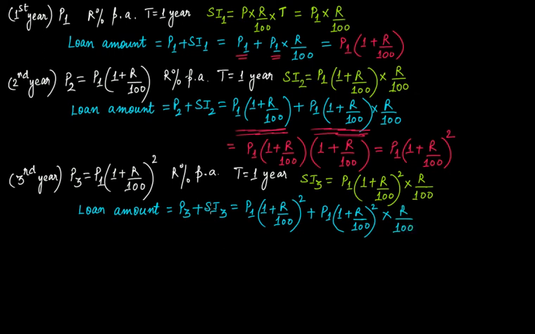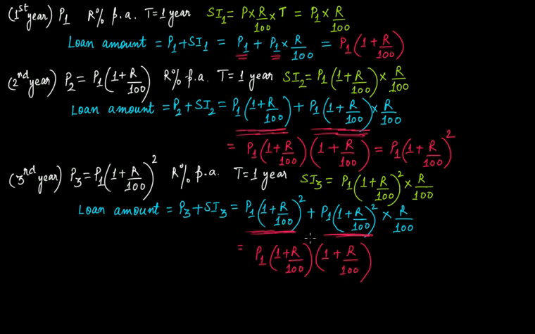Right? Now if you look at this and this, these two are common in these two terms. So if you take P1 and (1 plus R by 100) squared common, then for this term you are left with 1, and for this term you are left with R by 100.